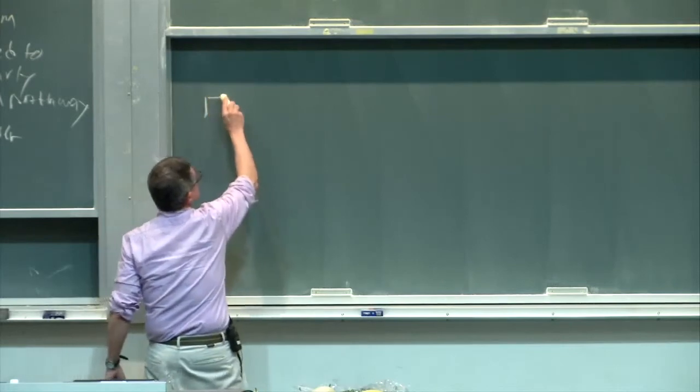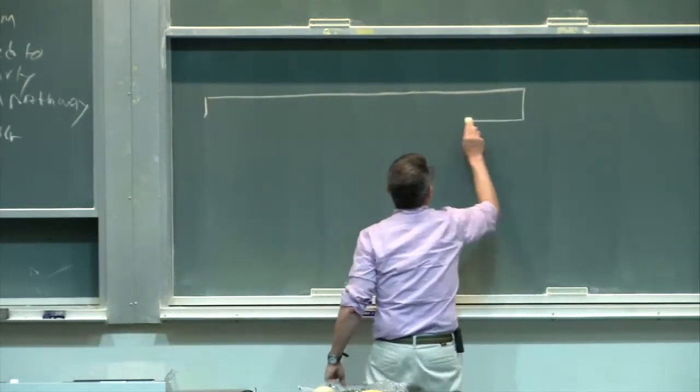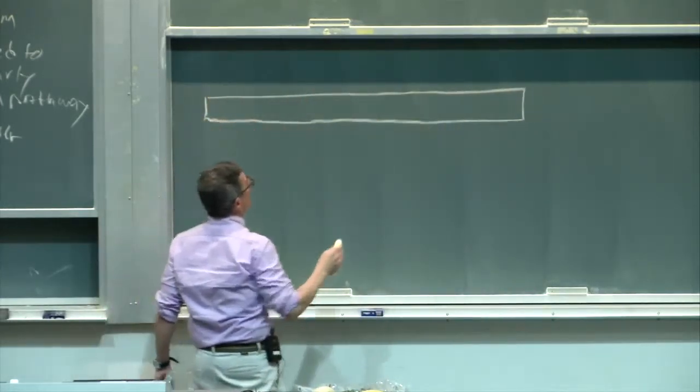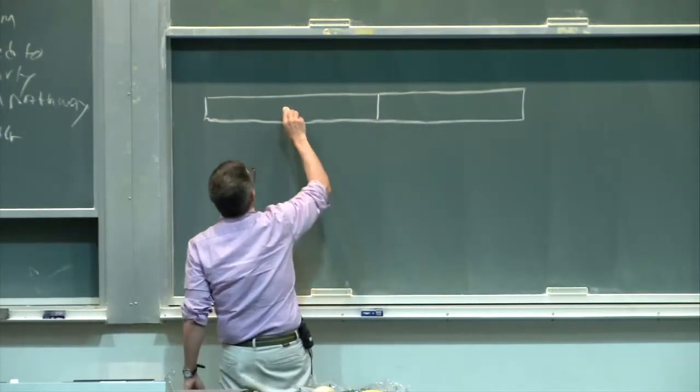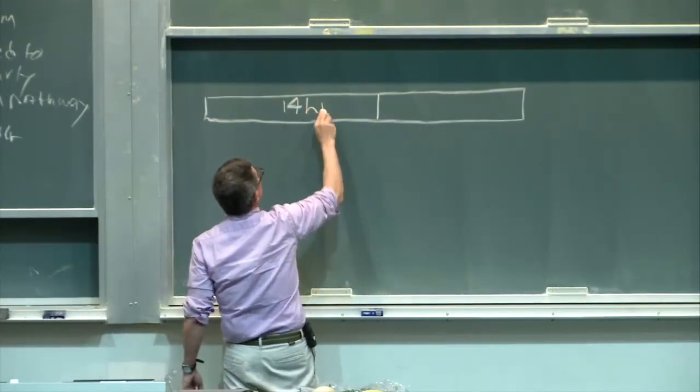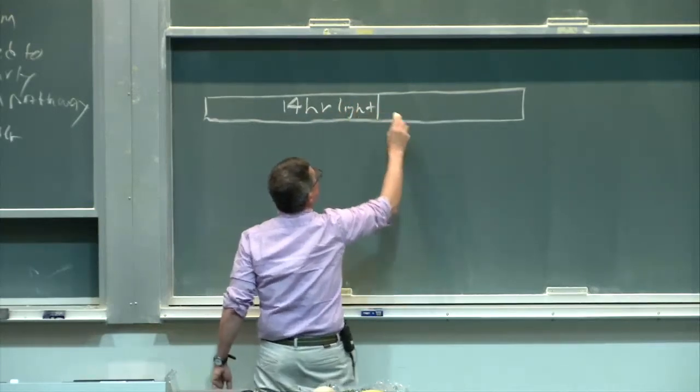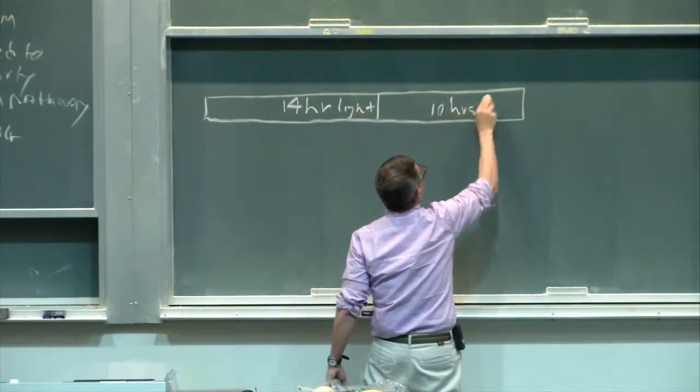And these plants, if we take our 24-hour clock again, let's put this one here, 14 hours of light, 10 hours of dark.